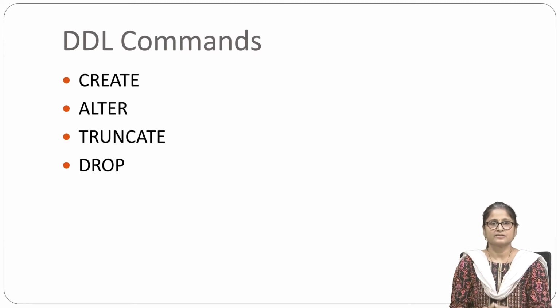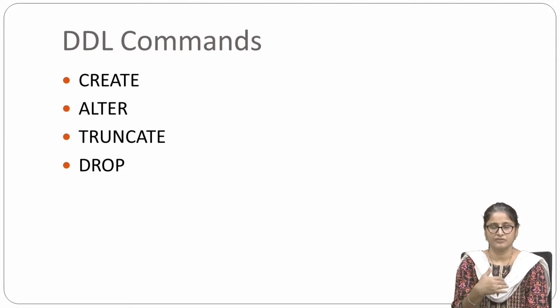So the first command is the create command. Then we will see the alter command. That means, for tables we created earlier using the create command, if later we feel we would like to change the definition of the table, rename the table, change the data type of a column or rename the columns, then the alter command is used.